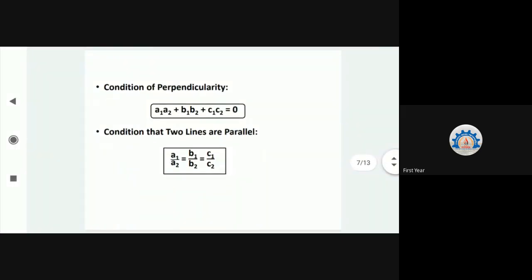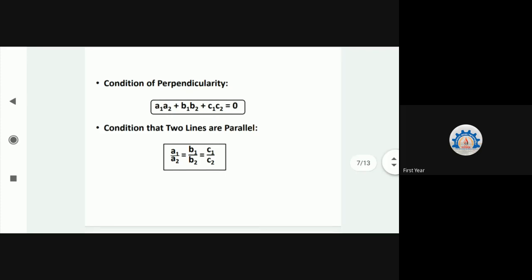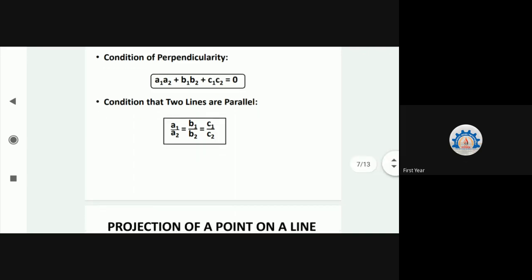The two most important conditions: the condition for perpendicularity is a1 a2 plus b1 b2 plus c1 c2 equal to 0. If this condition is satisfied, then the two lines will be orthogonal or perpendicular. And if two lines are parallel, then a1 upon a2 is equal to b1 upon b2 is equal to c1 upon c2.